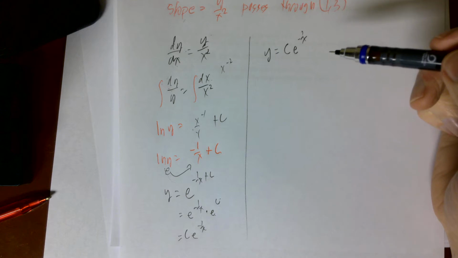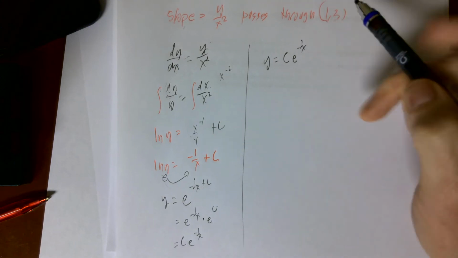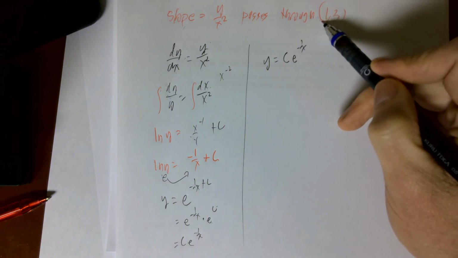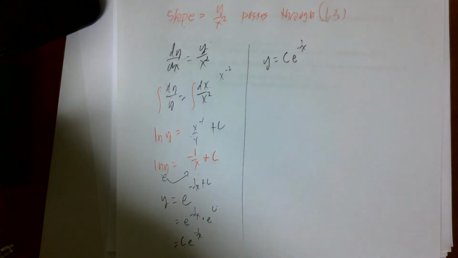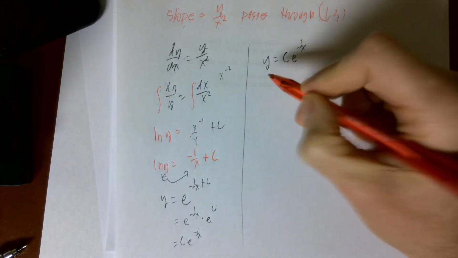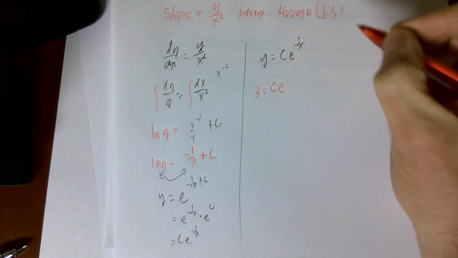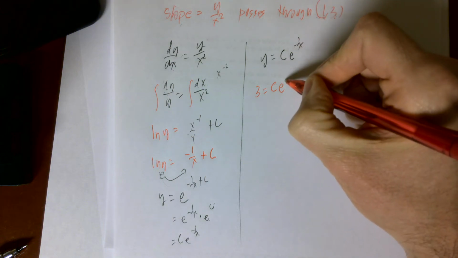Now, if it says it passes through a point, they're telling you when you plug in that x, you better get that y out. So they're giving us information so that we can find out what c is. We plug in a 3 for the y, c times e, and I plug in a 1 for x. Well, it's negative 1 over 1, so I get a negative 1.